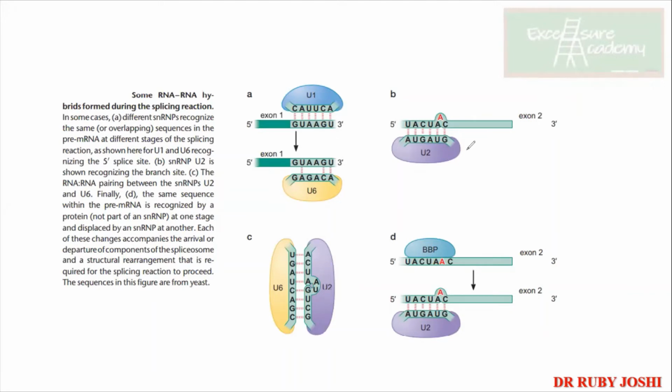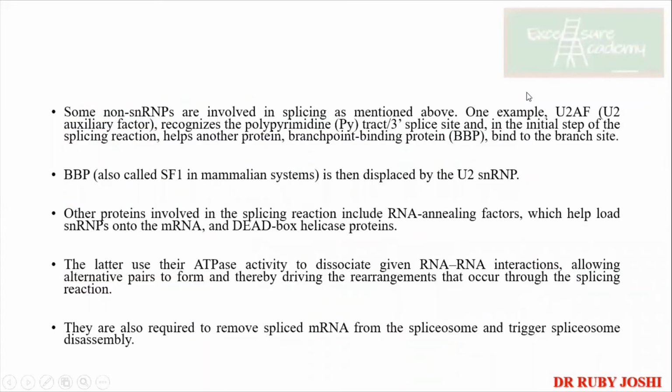U2AF has a 65 unit and a 35 unit. These 65 and 35 units will help in recognition of the sequences which are present in the mRNA. For example, U2AF recognizes your polypyrimidine PY tract, that is the 3' splice site.